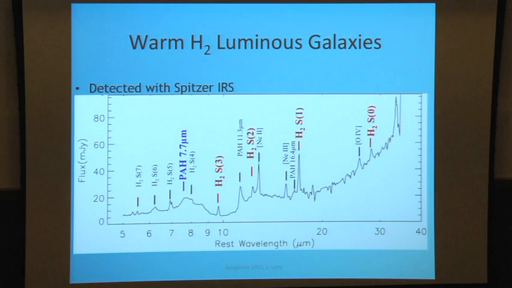For all of these galaxies, we compare the luminosity in the S0 to S3 lines to the luminosity in the PAH 7.7 micron complex. The reason we do this is because the H2 molecule can be excited by UV photons from star formation, as can the PAH small molecules.